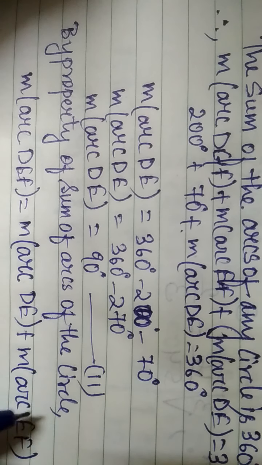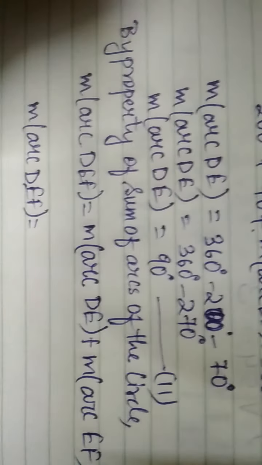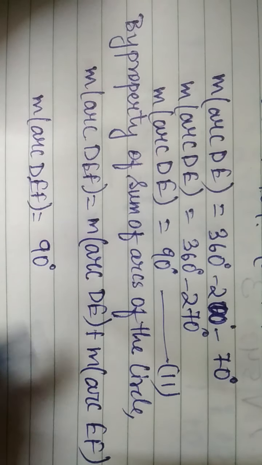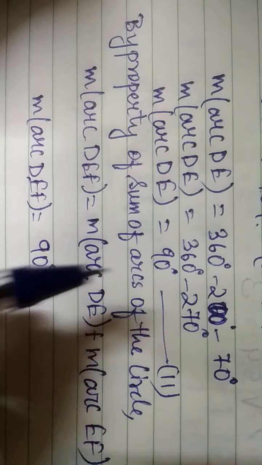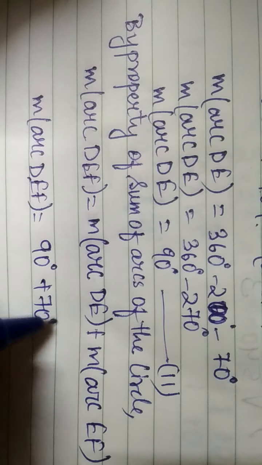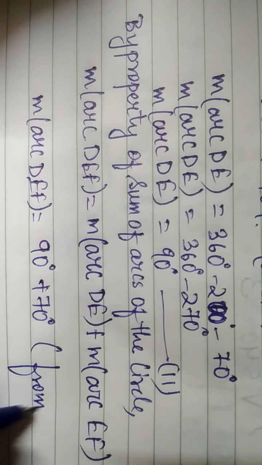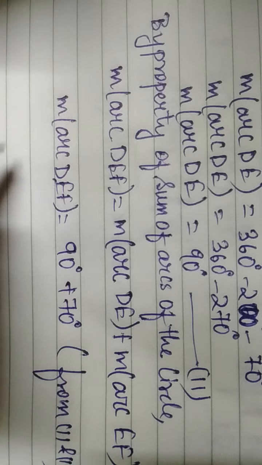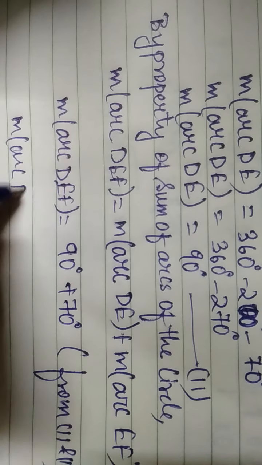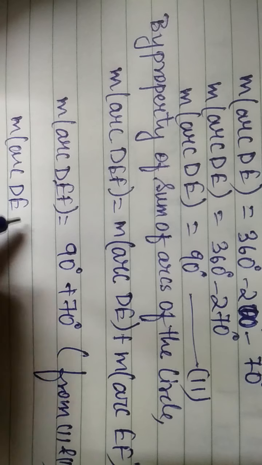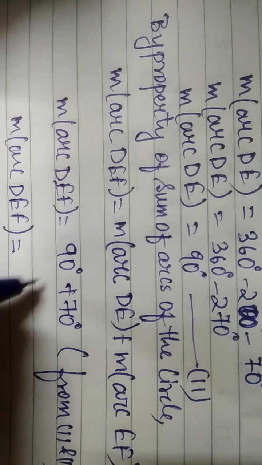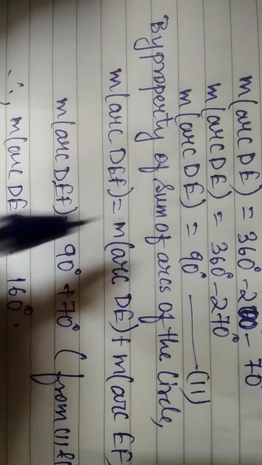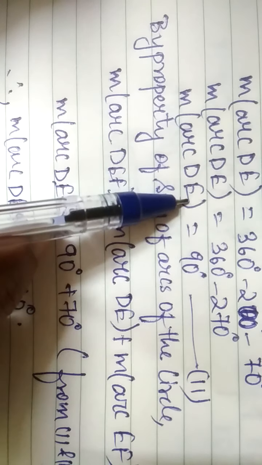So from equations 1 and 2, we substitute the values: measure of arc DE is 90 degrees, and measure of arc EF from the first equation is 70 degrees. So the measure of arc DEF will be 90 plus 70, that is 160 degrees. So we got the measure of arc DE and arc DEF.